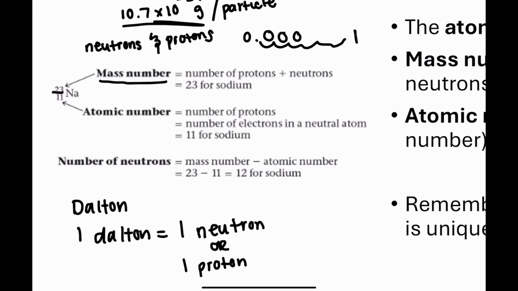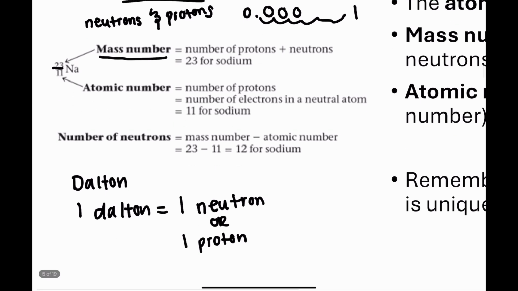Something important to consider is that electrons are not even considered when we're taking the mass of an atom, because their weight is so much less than a proton or a neutron that it is negligible. So it's not accounted for.